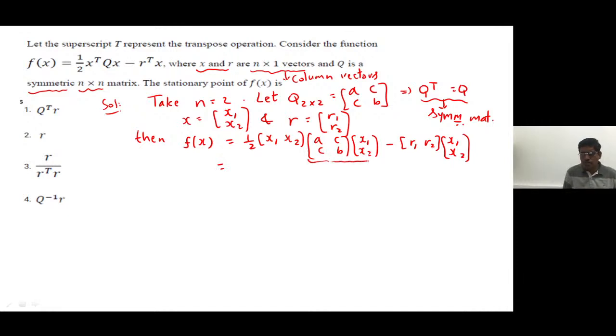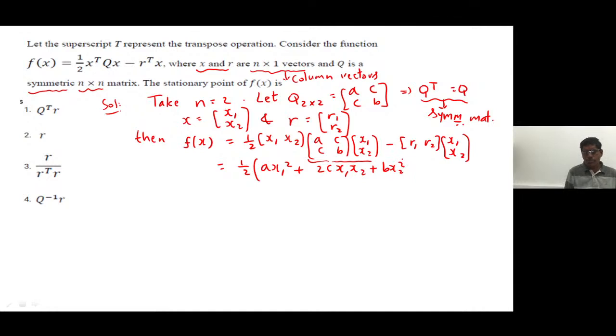First, all of you do this multiplication. For that, pre-multiply by x1, x2. So I can write directly, this one is a x1 square, please check, plus 2c x1 x2 plus b x2 square.